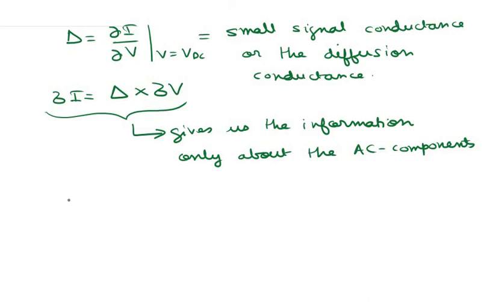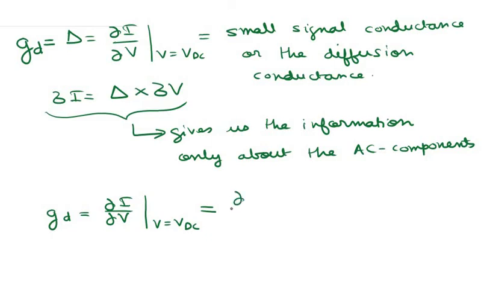Okay, so it is not difficult to find out what this value of delta is. Actually this delta is denoted by another letter, GD, G for conductance and D for diffusion, since it is known as the diffusion conductance. So GD is basically del I del V at V equal to VDC. This is not very difficult to find.